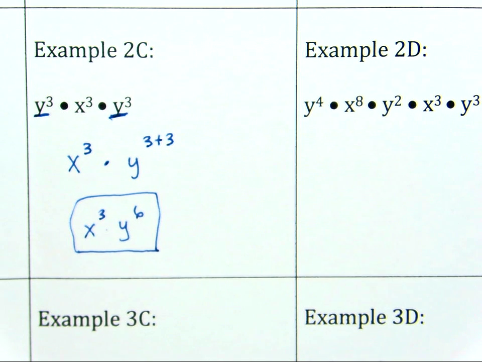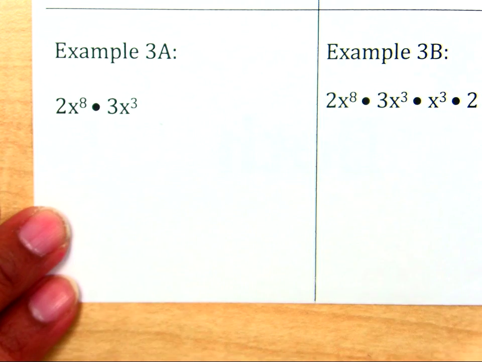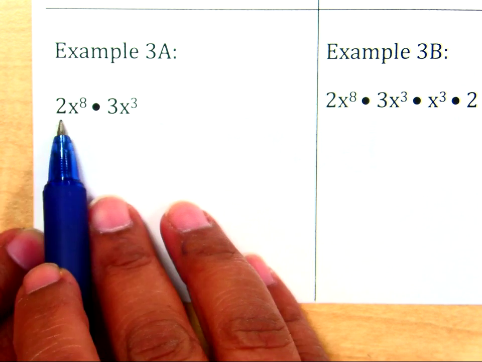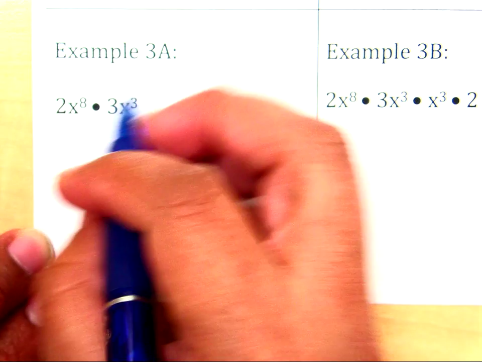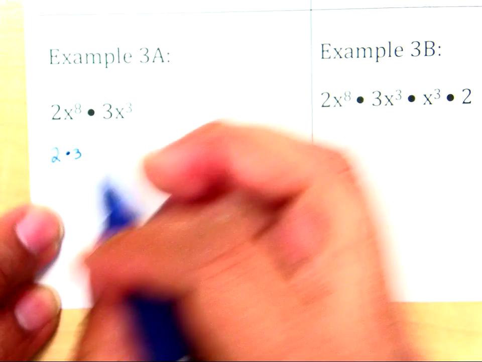Let's look at example 3A. When you have a coefficient, what you're going to do is you're going to multiply the coefficients, and the coefficients are these big numbers. So 2 times 3 is 6.